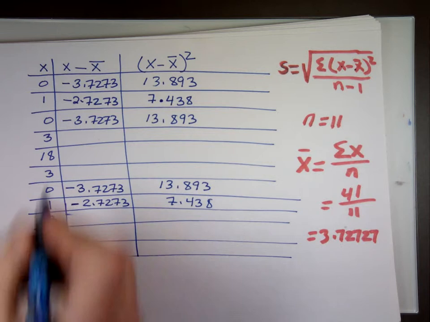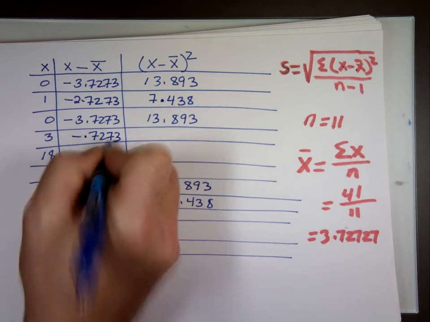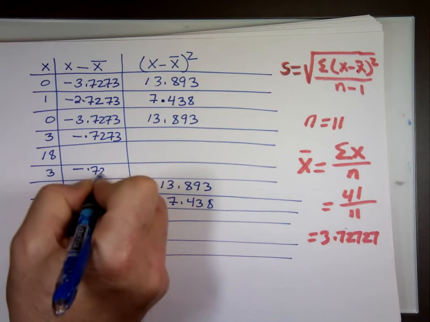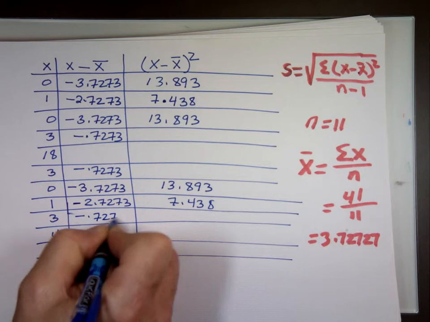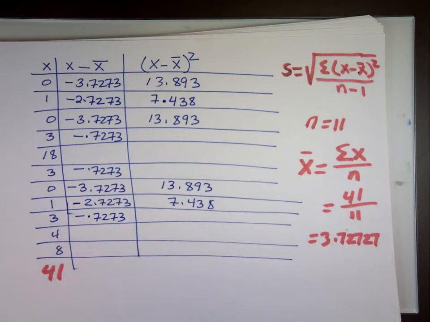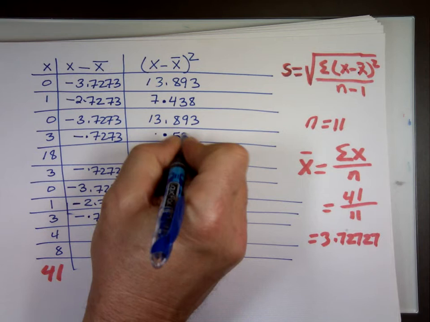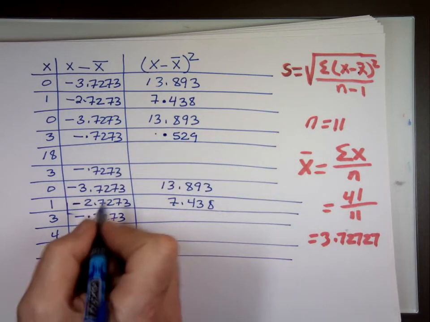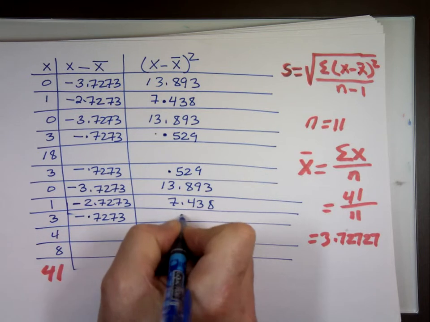That's a negative 0.7273. Now square that. 0.529. The same for all three of them.